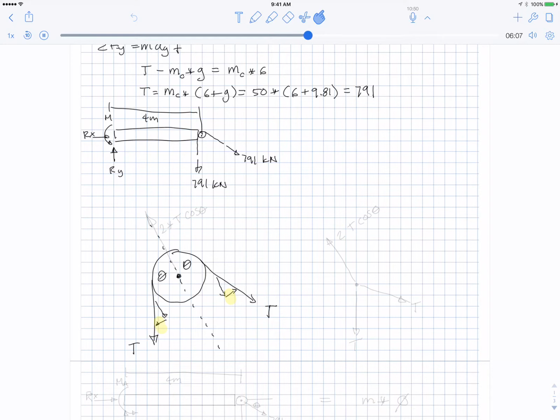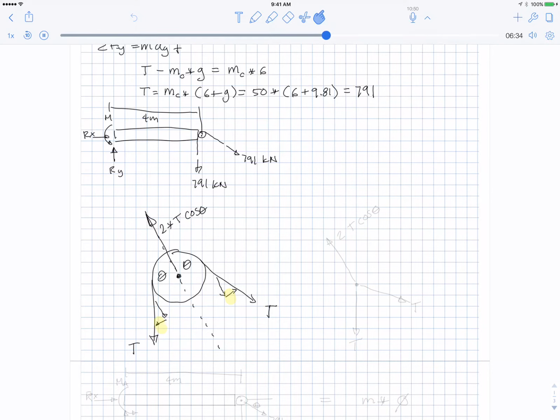But these two yellow components are equal and opposite, which means that the reaction here has to be along this bisecting angle. It can't have a horizontal component, because the two horizontal components of the tension have canceled each other out. And in fact, it's going to be 2 times T cos theta.